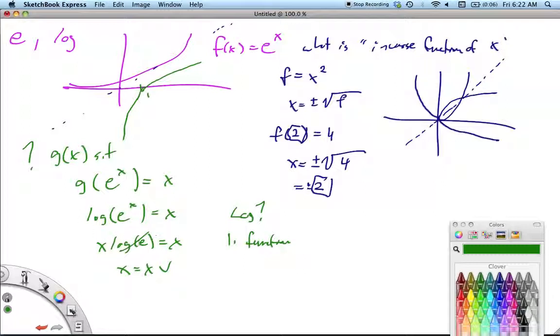So I can justify a little bit why I was able to say this. Because I've claimed that log undoes whatever e to the x does.